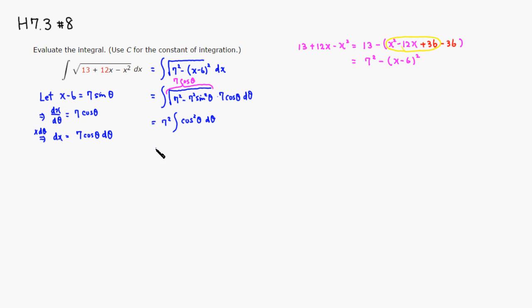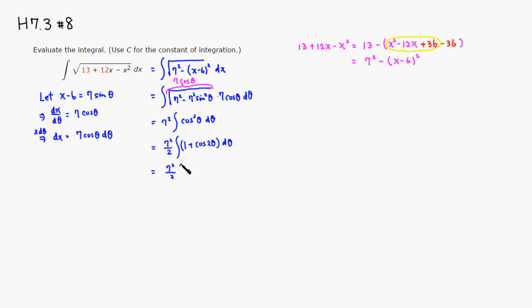Then we can use the trig identity: cosine squared is 1/2 times 1 plus cosine of 2 theta, with respect to theta. So we're going to get 7 squared over 2.